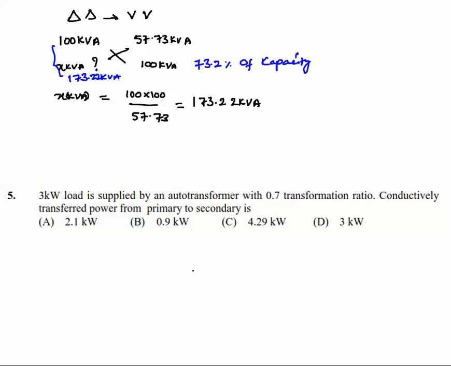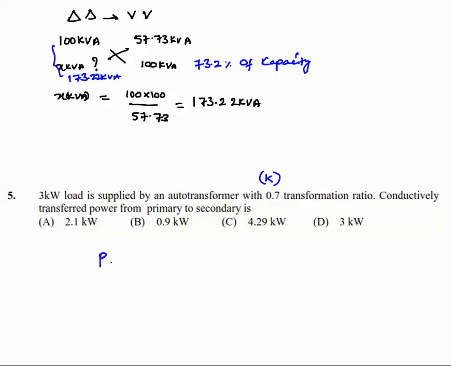And the next question is, a 3 kilowatt load is supplied by an auto transformer with a 0.7 transformation ratio. That is, they have mentioned the K value. Conductively transferred power from primary to secondary winding, so we will substitute the direct formula.